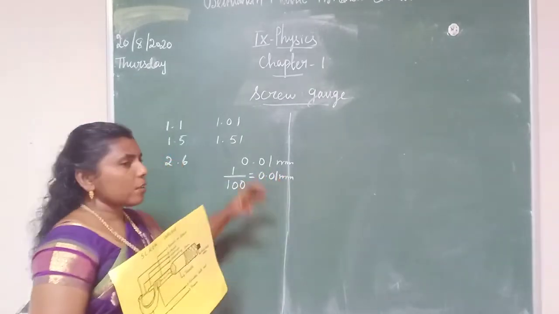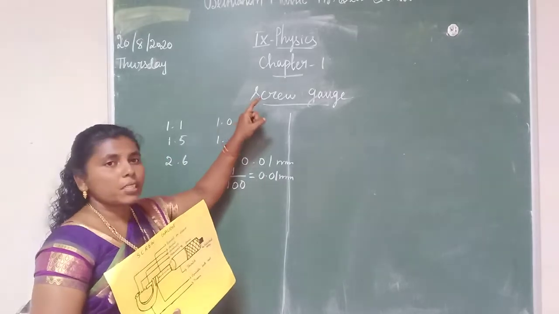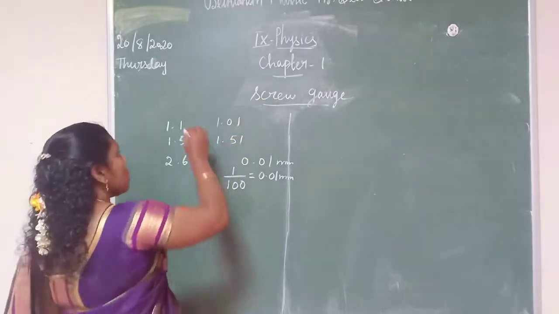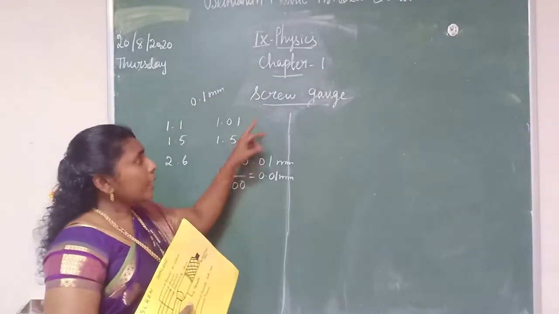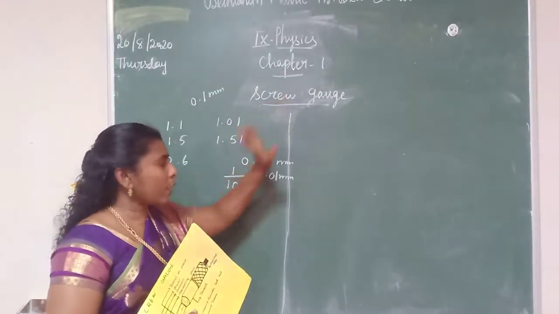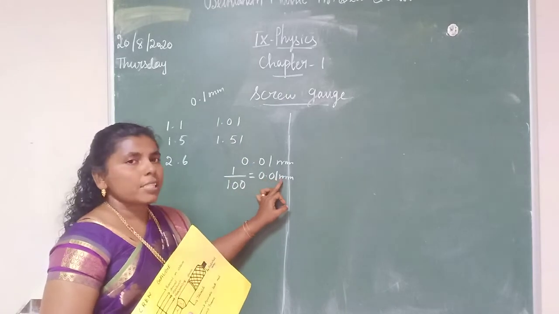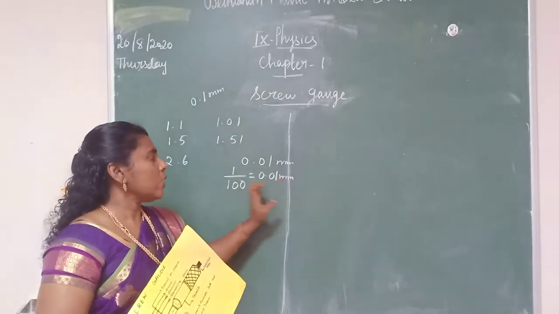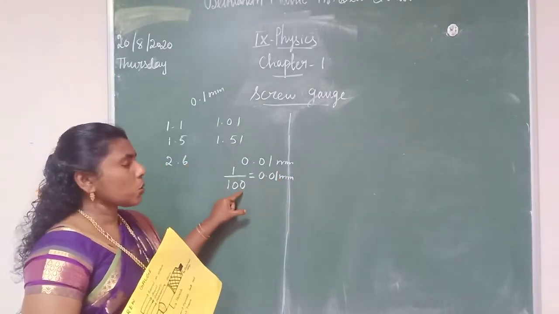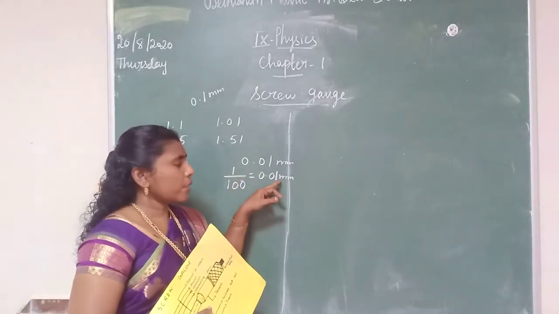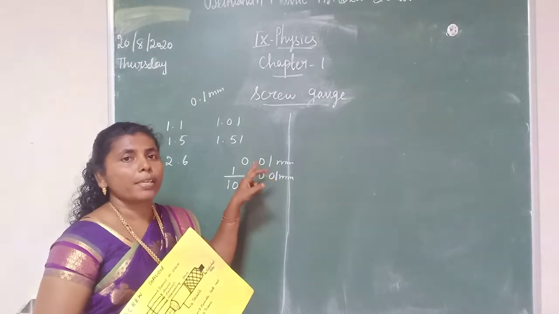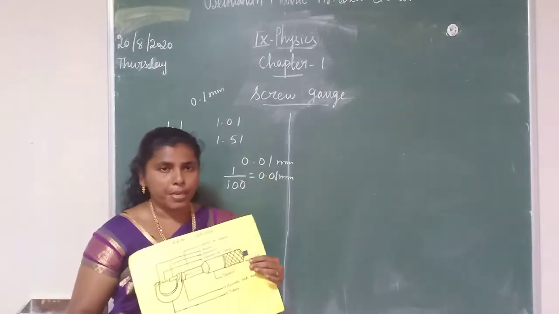In the last class we learned the least count of the vernier caliper is 0.1 millimeter. Today the least count of the screw gauge is 0.01 millimeter. The head scale consists of 100 divisions, so we get the least count value 0.01 millimeter.